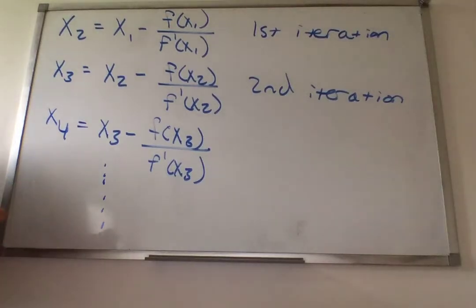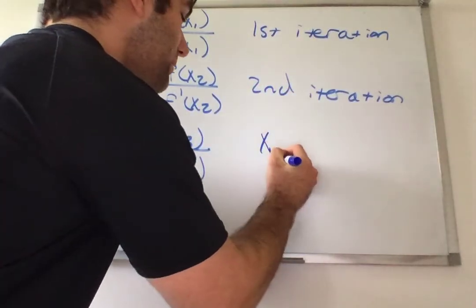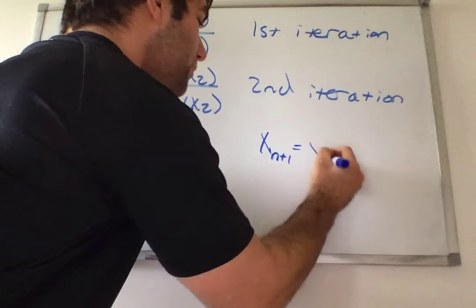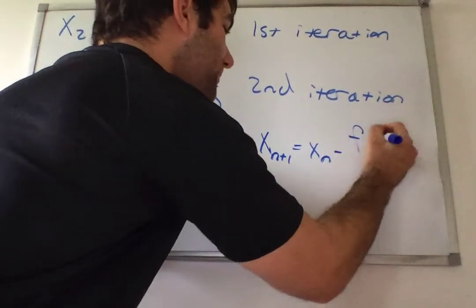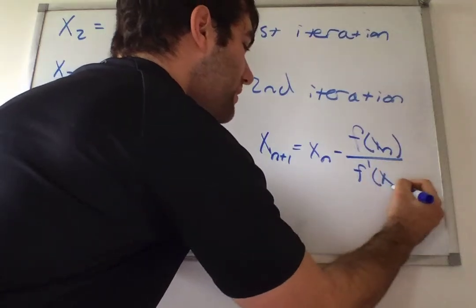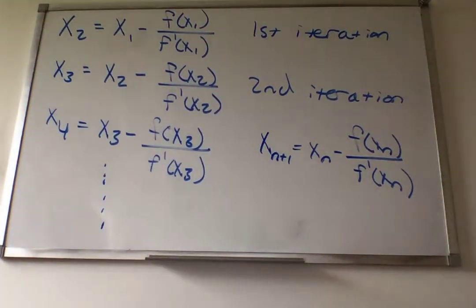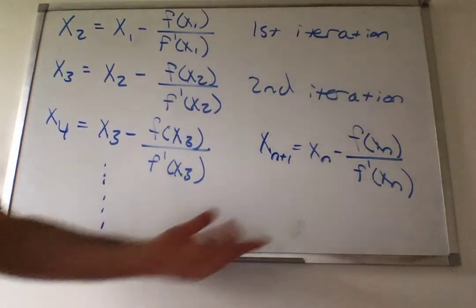You could write this a little more general, as I do have it in my notes. It says x sub n plus 1 is equal to xn minus f of xn divided by f prime of xn, where n is just how many iterations you are doing, okay?